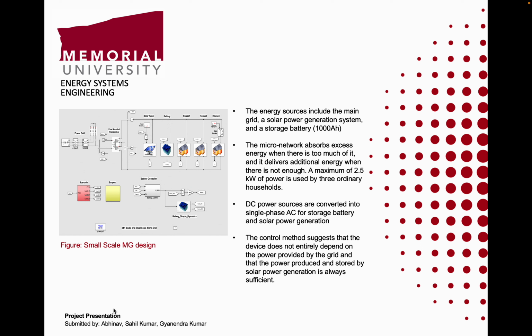So here is the design or the architecture that we have used to simulate our model. As you can see on the left, we are using a 66 kilovolt generator, which is being stepped down using a three-phase transformer, and then it is further stepped down through the pole mounted transformer, supplying the energy to the three loads.